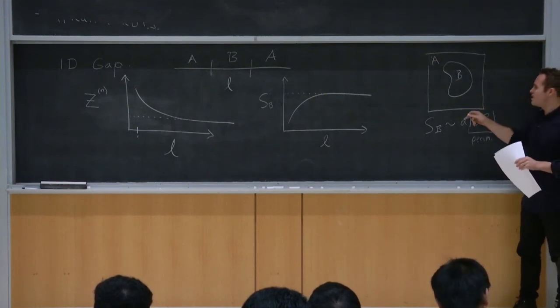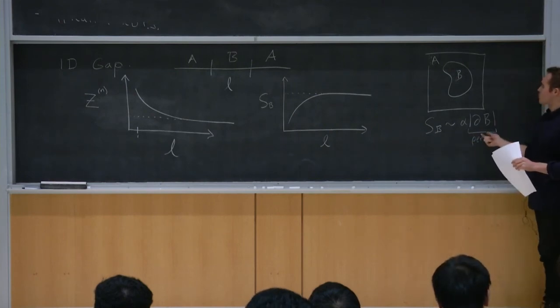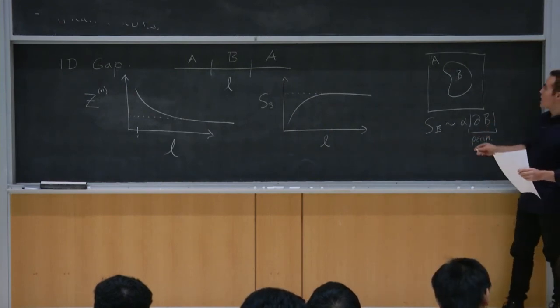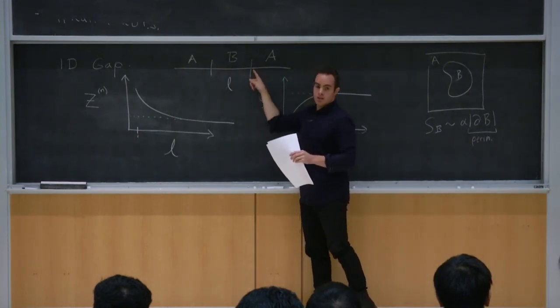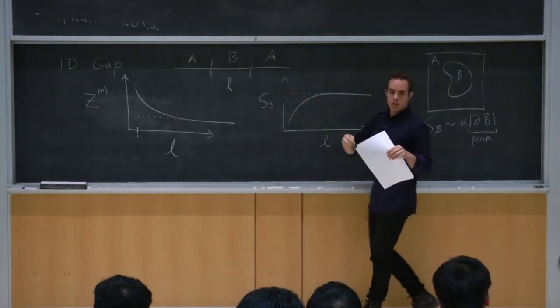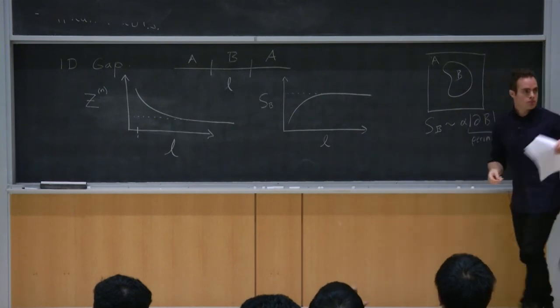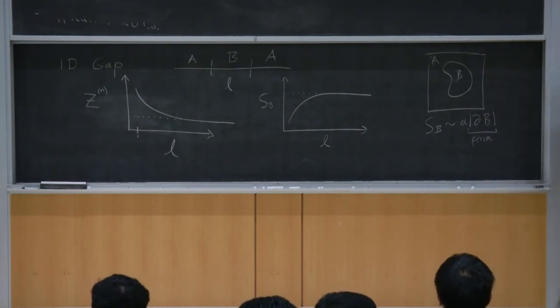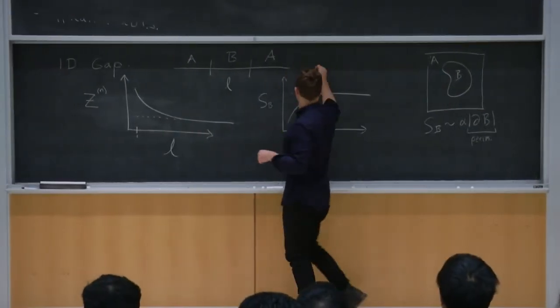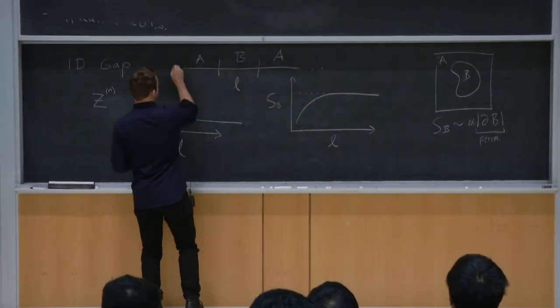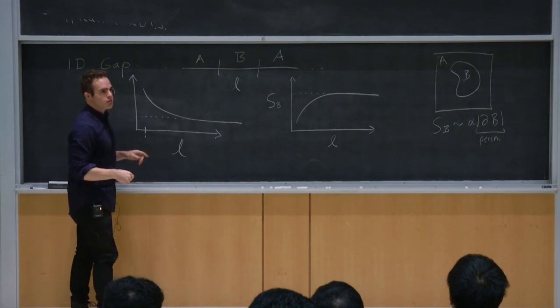Now in 1D, if you ask what is the perimeter or the boundary between the two regions, it's zero-dimensional. It's only 2 points. So in this case, it just saturates to a constant. Yeah. Until the size of space is infinite, A is infinite. This saturation would be true even if A was very large and finite.